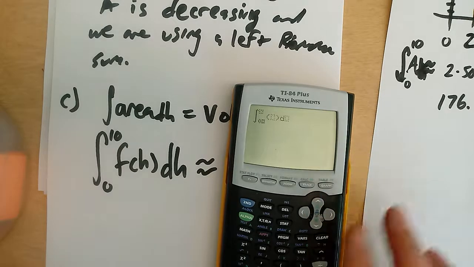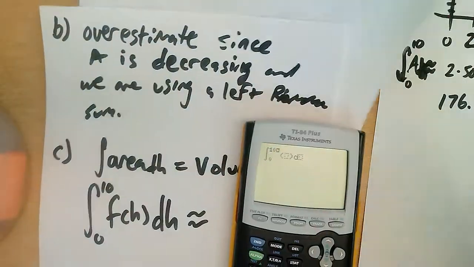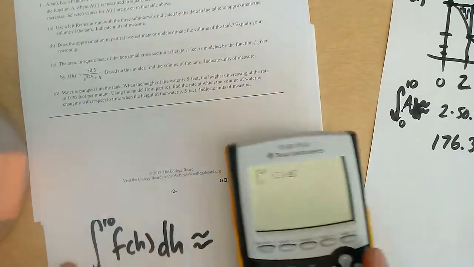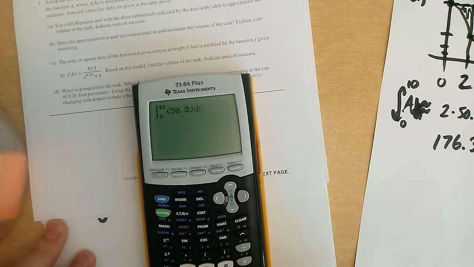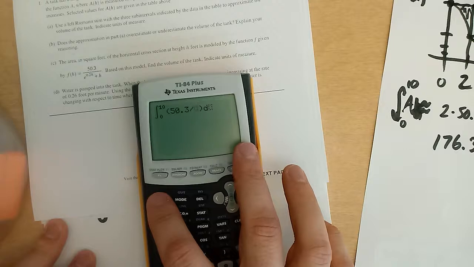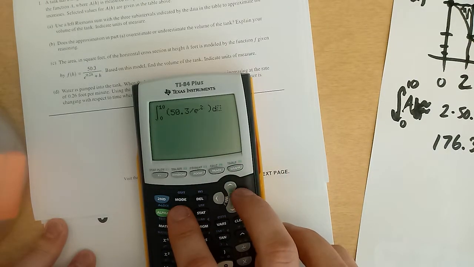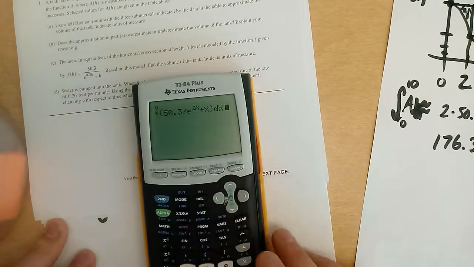So now if I go in from 0 to 10 and I type in my function, which is 50.3 over e to the 0.2 h plus h dh.